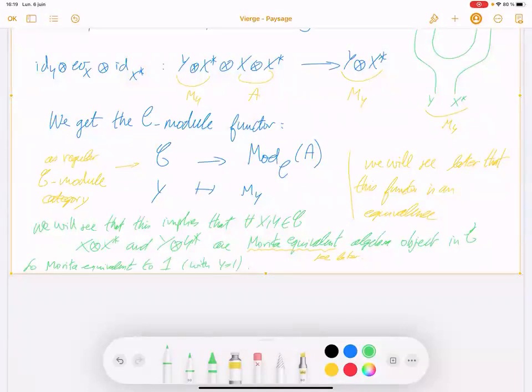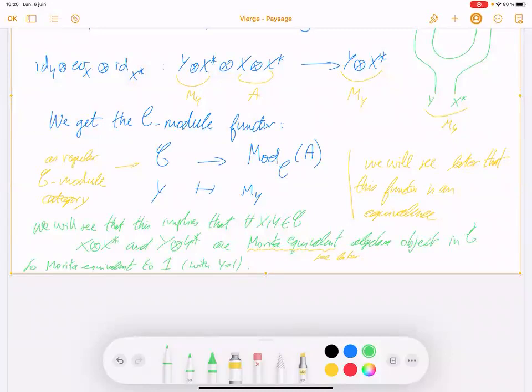So what about now? Now we want to provide two adjoint functors.